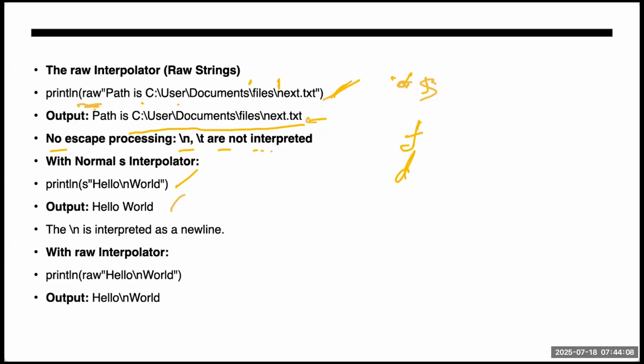This is a new line, so this is the wrong output. This word should have come the other way, like hello and then world. Maybe it has not been pasted in the correct way. So it will come this way, hello and world. And if you try with raw, it will give you the output this way.